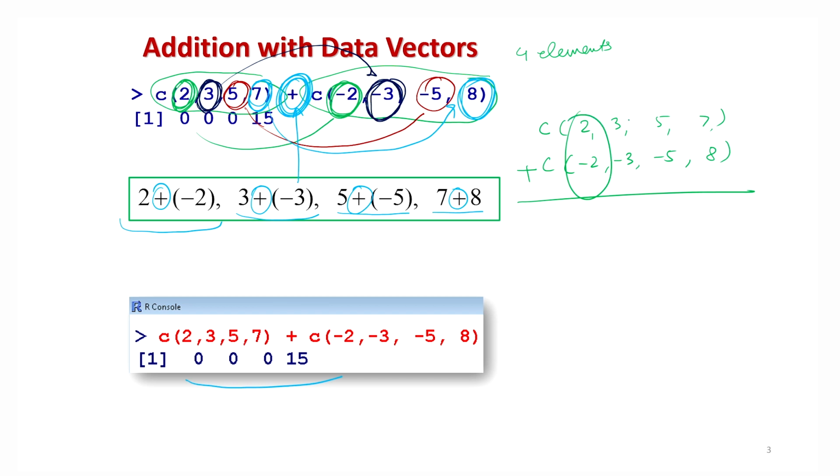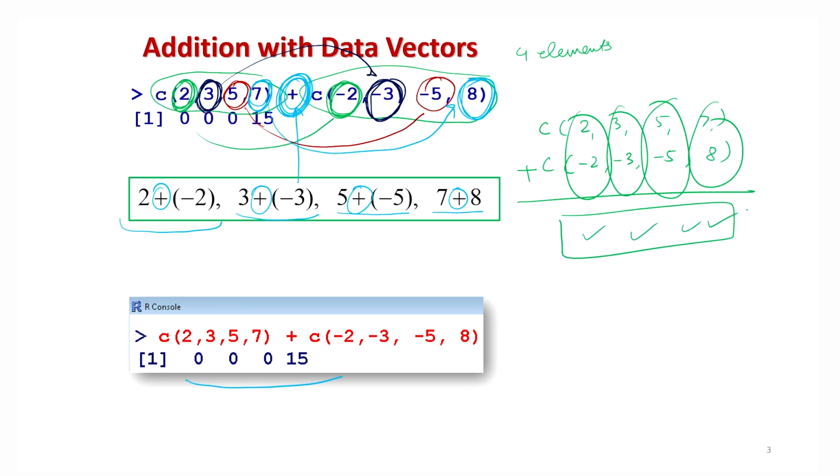This and this get added, this and this get added, these two numbers get added, these two numbers get added, and we obtain the outcome here. So this is how the addition is working. When I talk about subtraction, division, multiplication, etc., they will also follow the same rule. Only this plus operator will be replaced by the respective operator.